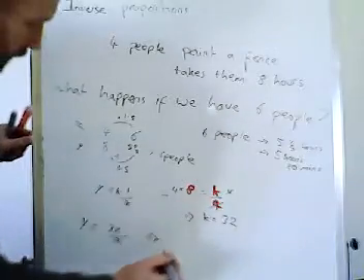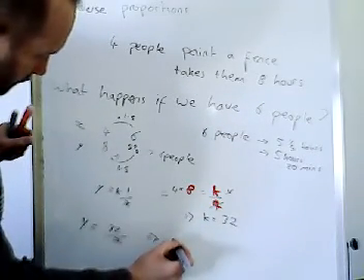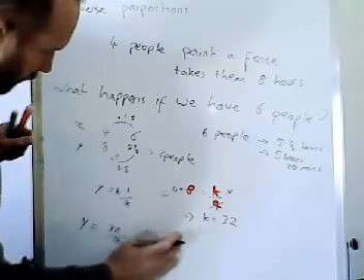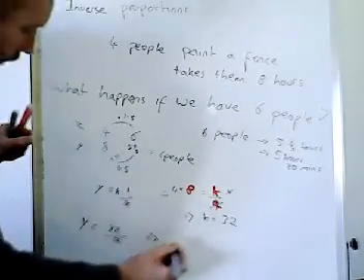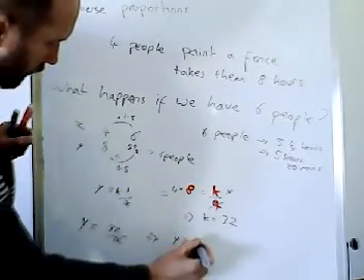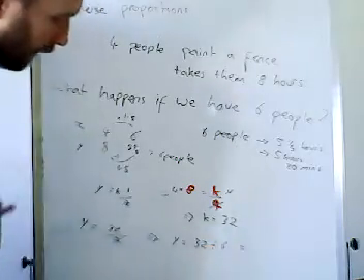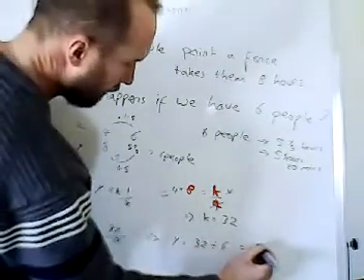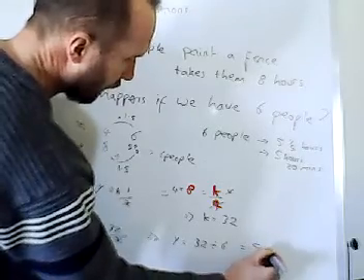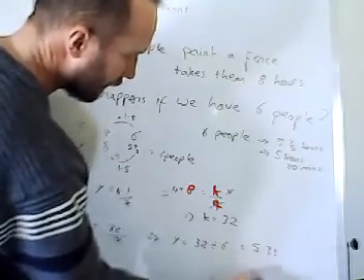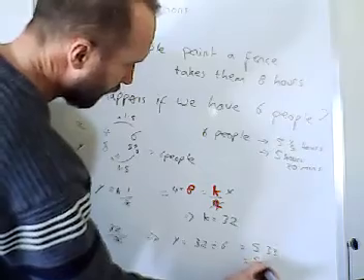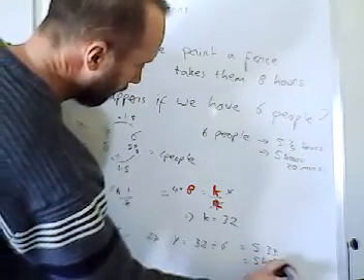So we've got 6 people here, okay? So we've got y equals 32 divided by 6. And the answer comes out to the same here, 5.333 recurring, which is the same as 5 hours and 20 minutes.